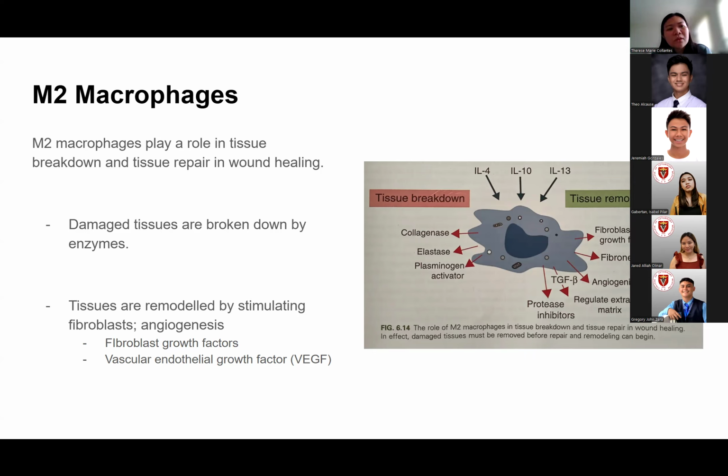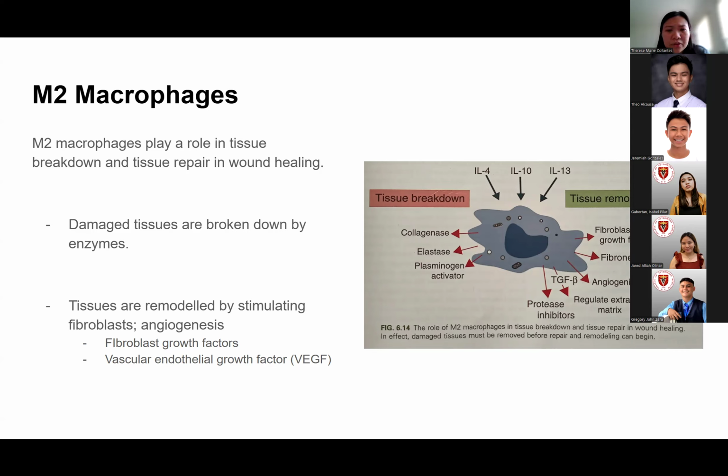So the main role of the M2 macrophage is to break down tissues, especially the damaged tissues, and it will also take part in tissue repair, or what we call wound healing.